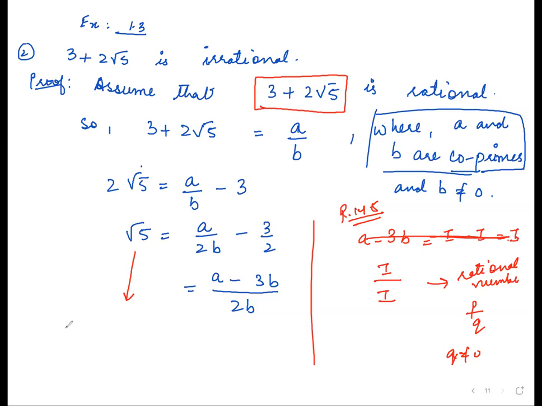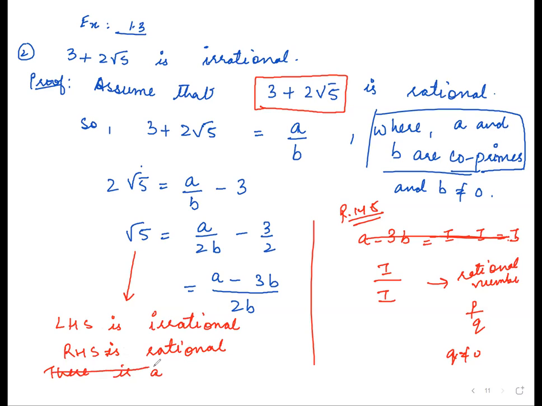So you will write that your left hand side or your LHS is irrational, and your RHS is rational. So there is a contradiction, right? Yes. So there is a contradiction.